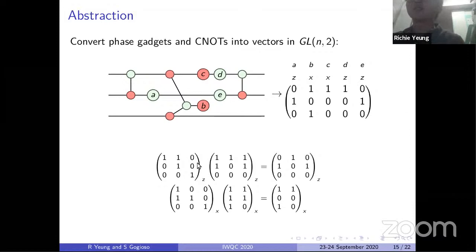And they are different for the Z phase gadgets and the X phase gadgets, which is why I'm writing them separately. And when you multiply them together in GF2, which effectively is just normal matrix multiplication with remainder 2, we can recombine these matrices into one large matrix above. And as you can see, the 1 entries correspond to the simplified circuit here.